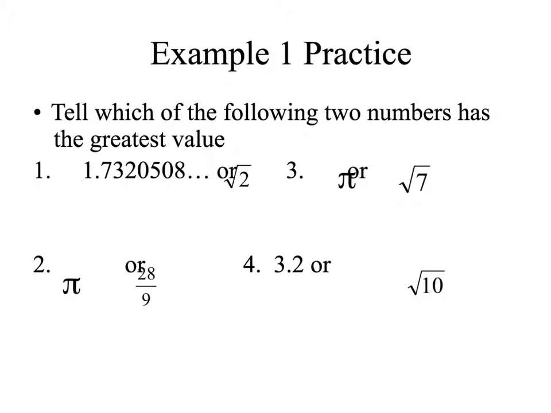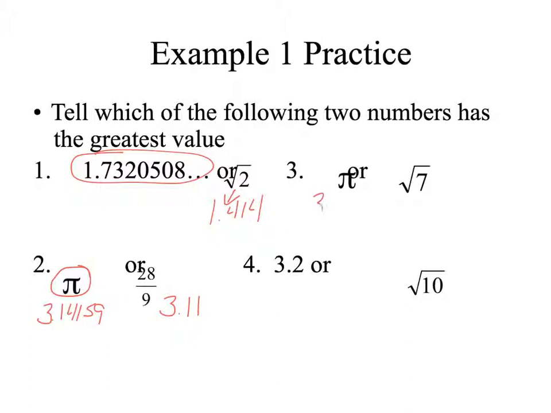So now that you've had a chance to try it on your own, square root of 2 gives me 1.414, so the 1.7 is larger. Pi, we know that that is 3.14159. 28 over 9 in the calculator gives me 3.11, and pi ends up being bigger.